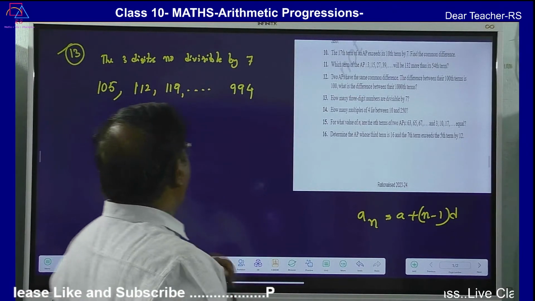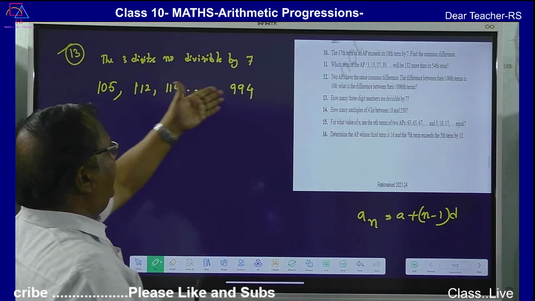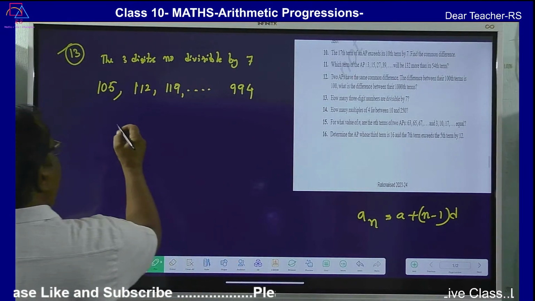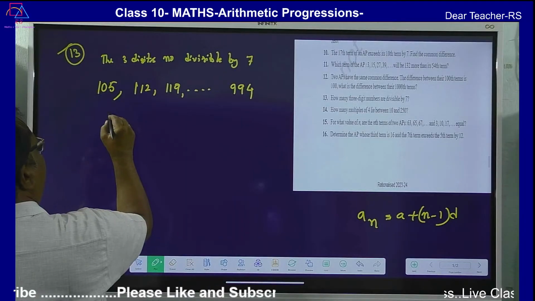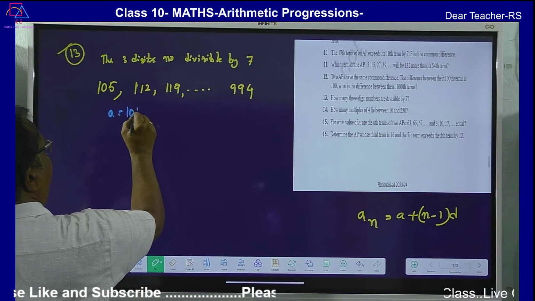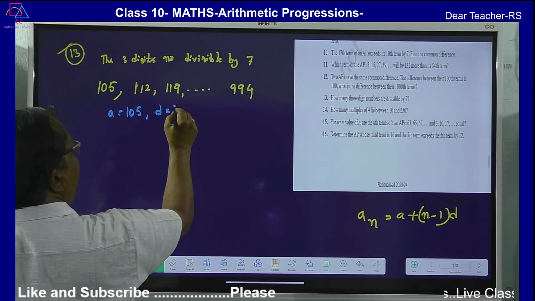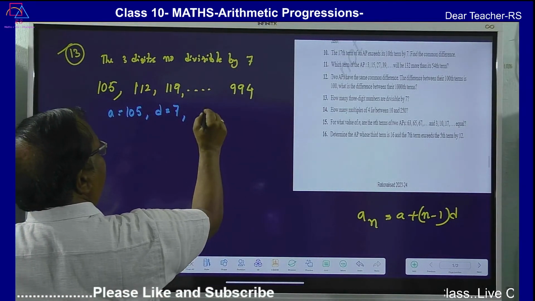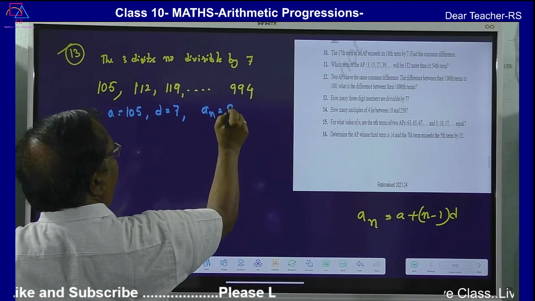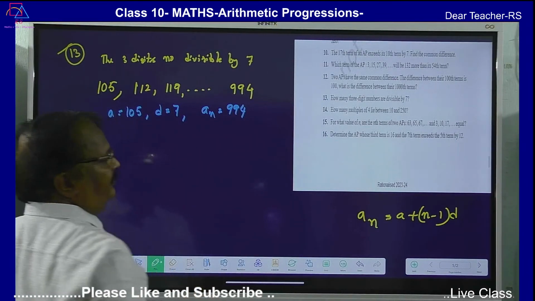Now the first term is there, the last term is there, and the common difference is there. So A is equal to 105, D is equal to 112 minus 105, which is 7, and the last term An is equal to 994.